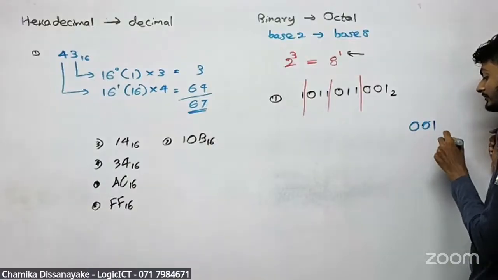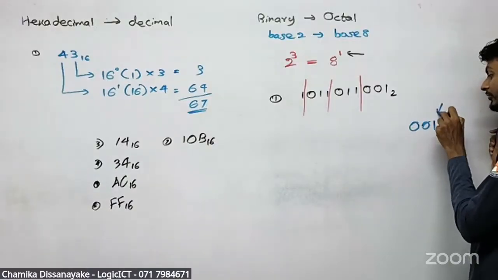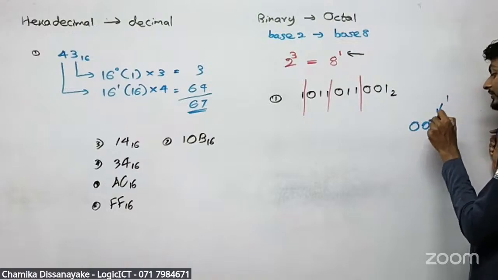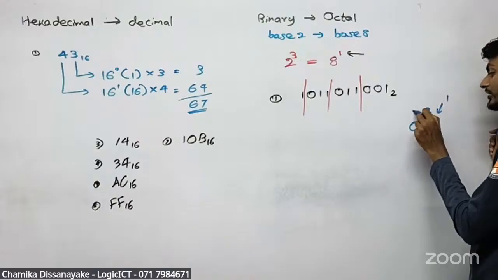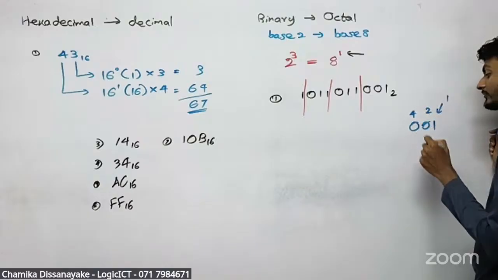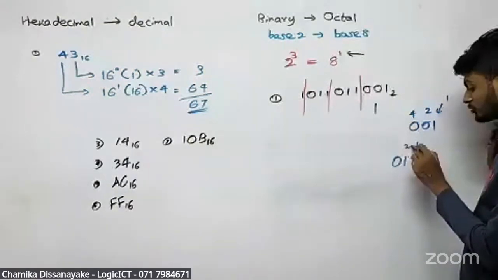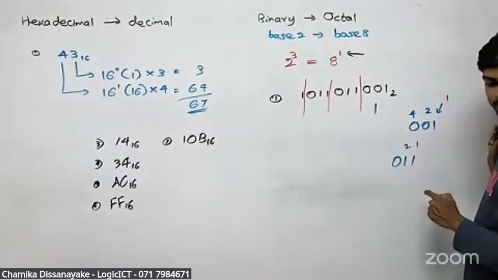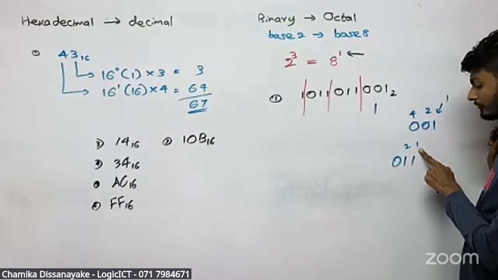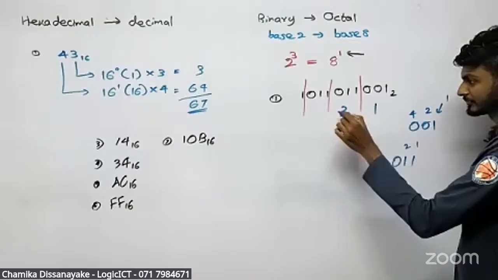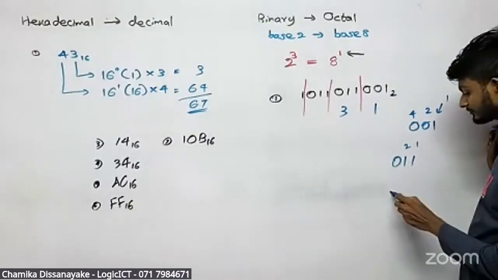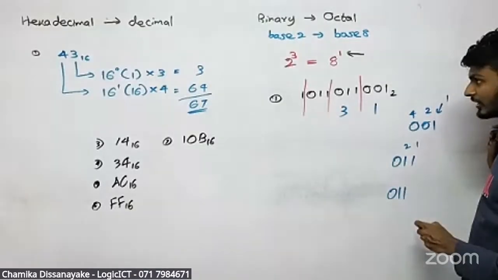Here you know this is 1, this is 2, this is 4. So actually there are only 1 and 2. So 1 plus 2 is 3. So here 0, 1, 1 is the same, 3.